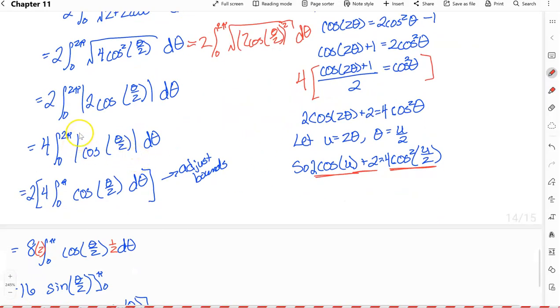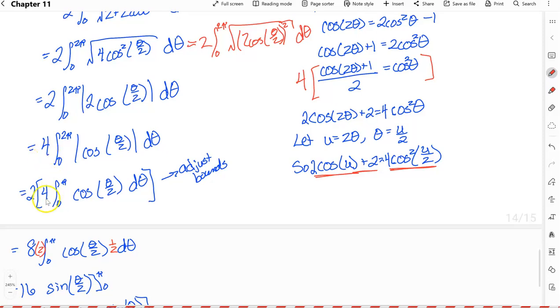So that's what's going to happen. I'm going to rewrite that absolute value as an integral from 0 to pi, adjusting those bounds. And then I went ahead and pulled that 2 out.